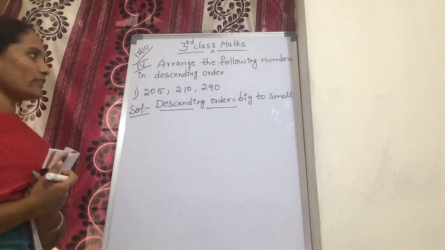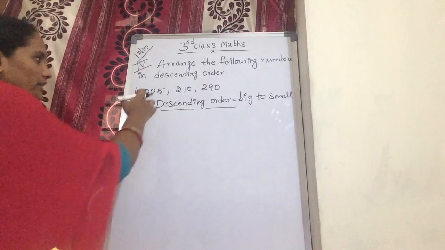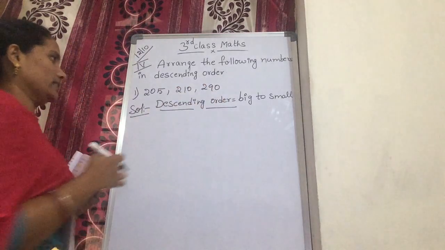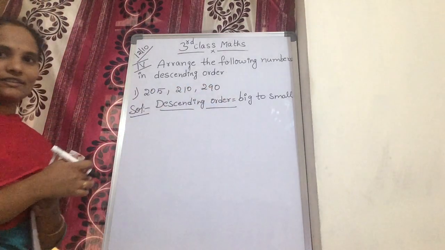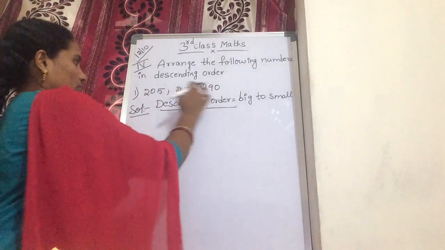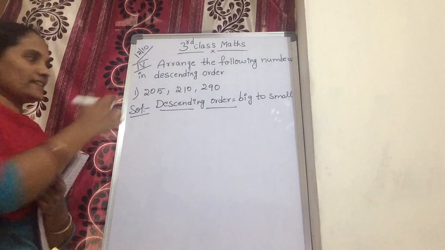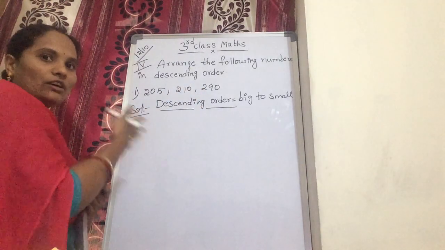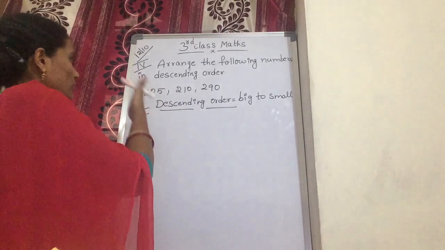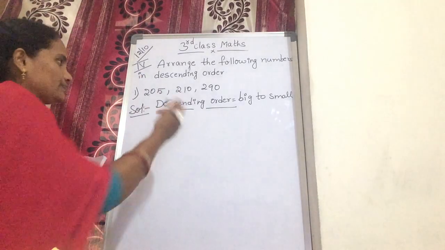First you identify which one is a big number. The given numbers are 3-digit numbers. So we are checking in hundreds: 2, 2, 2. All are equal. So we are checking in the tens place value.